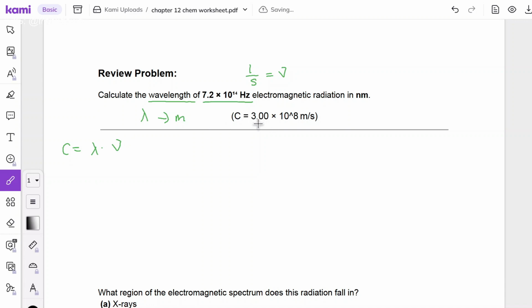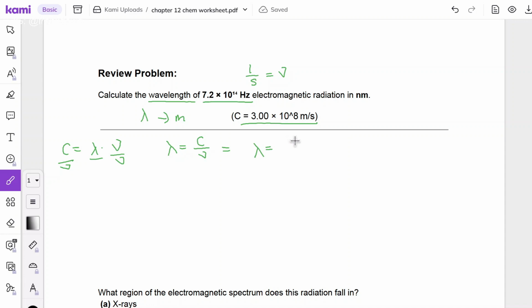We already know c, it's even said right here too, and we're looking for the wavelength. If we divide both sides by nu, you get the wavelength isolated. So the wavelength is going to be c over nu, and you just plug it in.